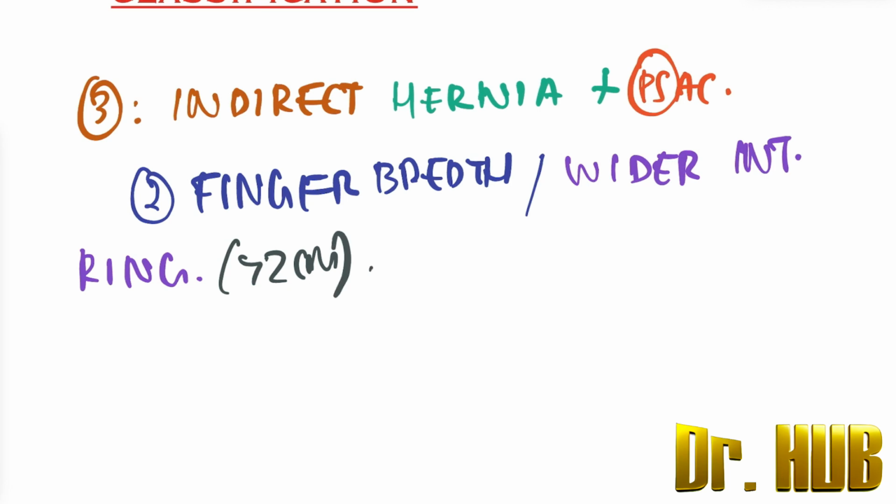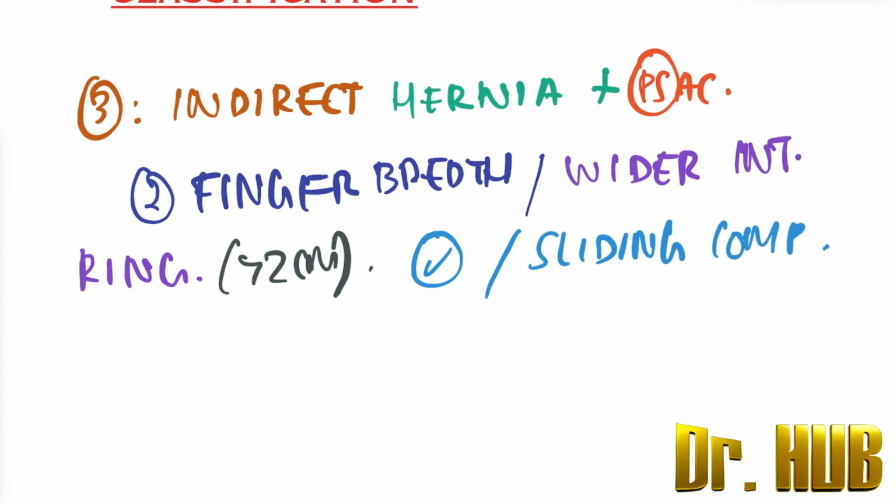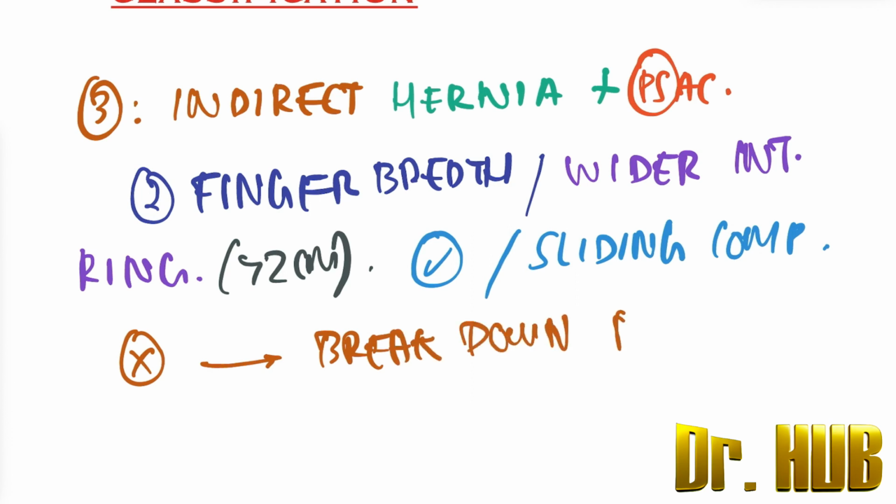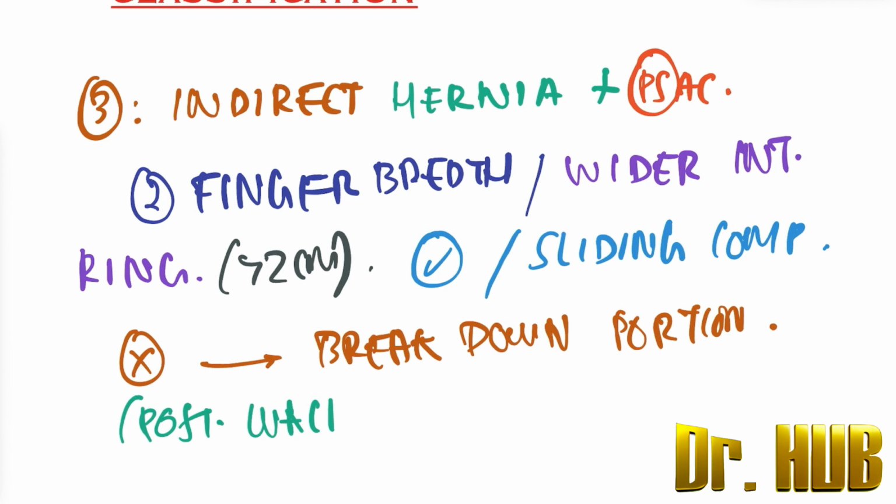They are frequently complete or have a sliding component. They begin to break down a portion of the posterior wall, just medial to the internal ring.